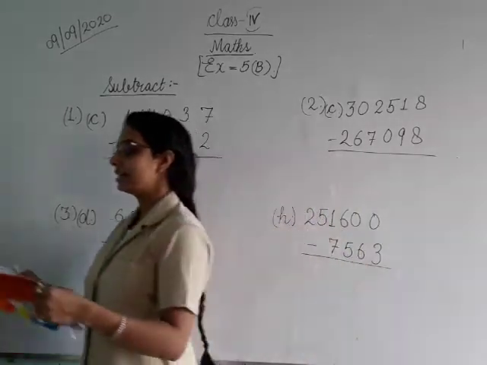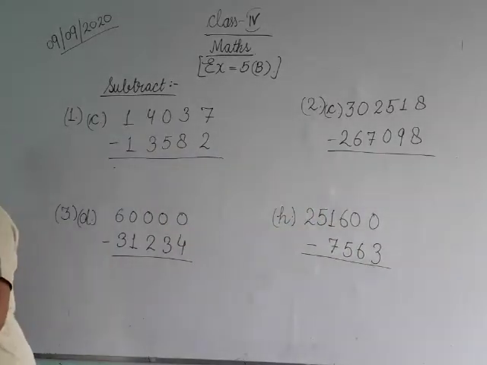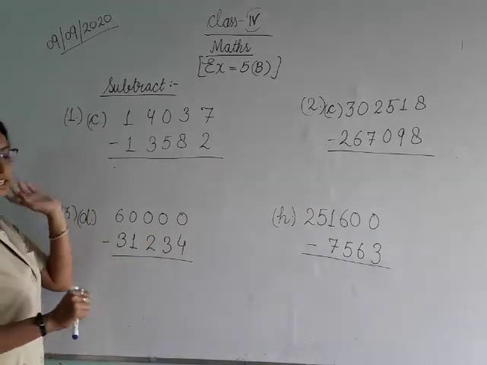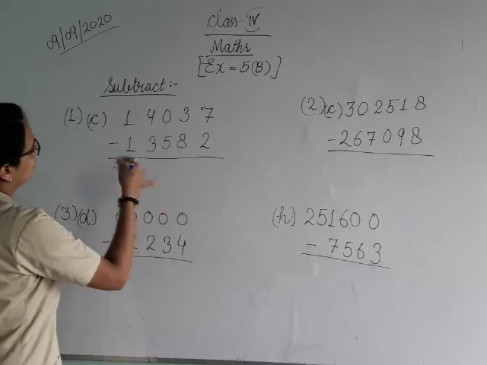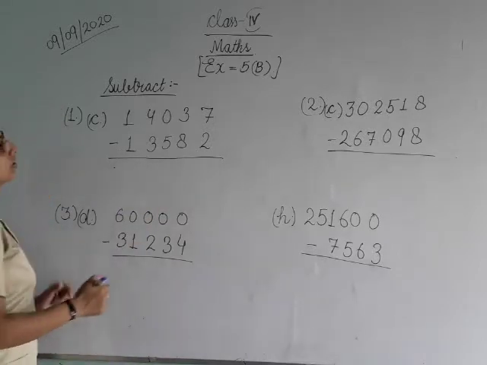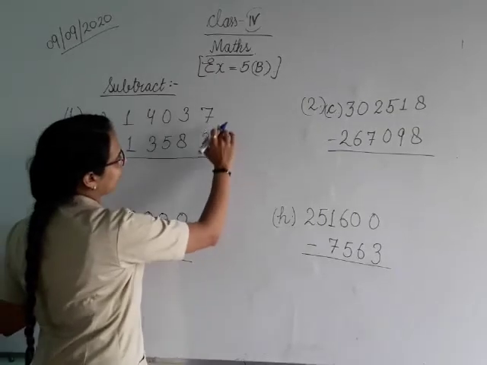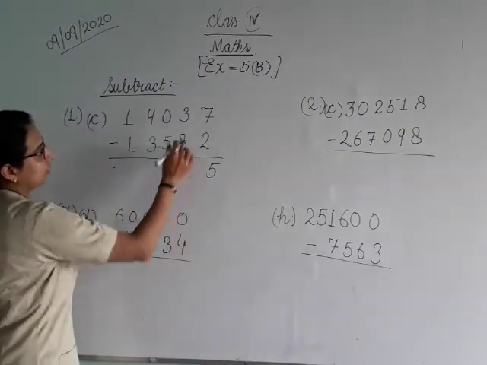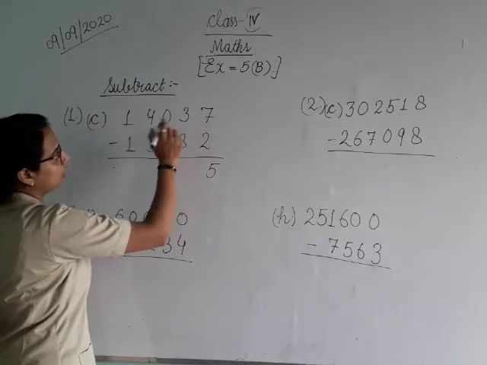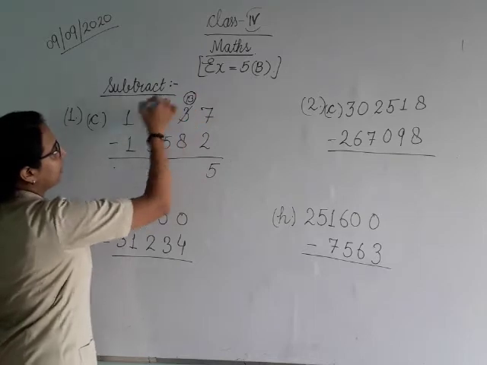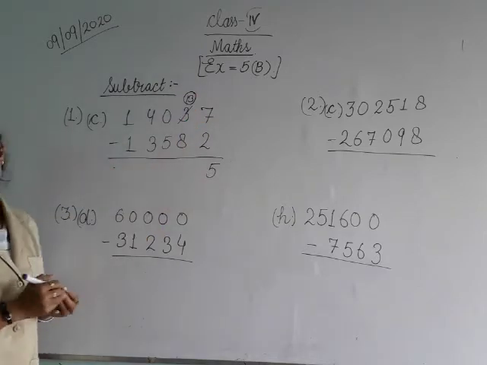Let's begin with our first question, which is 1C. Here I have written the question in column method. First of all, if we subtract 2 from 7, the answer will be 5. Then 3: we can't subtract 8 from 3, so we take a borrow, and it becomes 13.